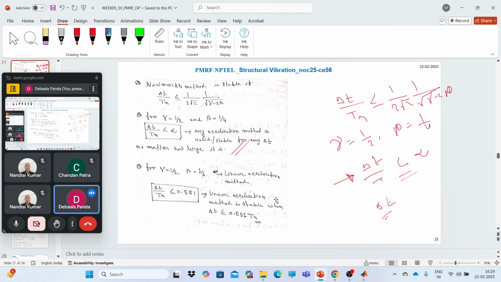Get it? Okay, sir. Other questions may be projected from here, like in which method, if we have a delta t defined, they ask within that time interval which method of Newmark beta will be stable or give us stable results. So short MCQ type questions may be asked from there.